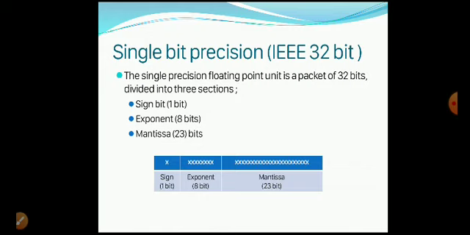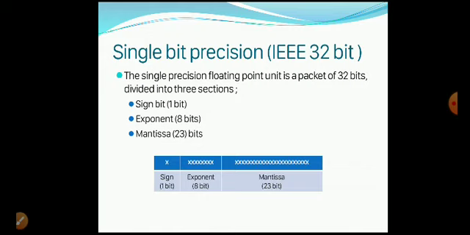We are going to study basically the IEEE formats. There are two formats, one is the 32 bit format and another is the 64 bit format. One is called the single precision format, which is related to 32 bit. The double precision format means it is 64 bit.